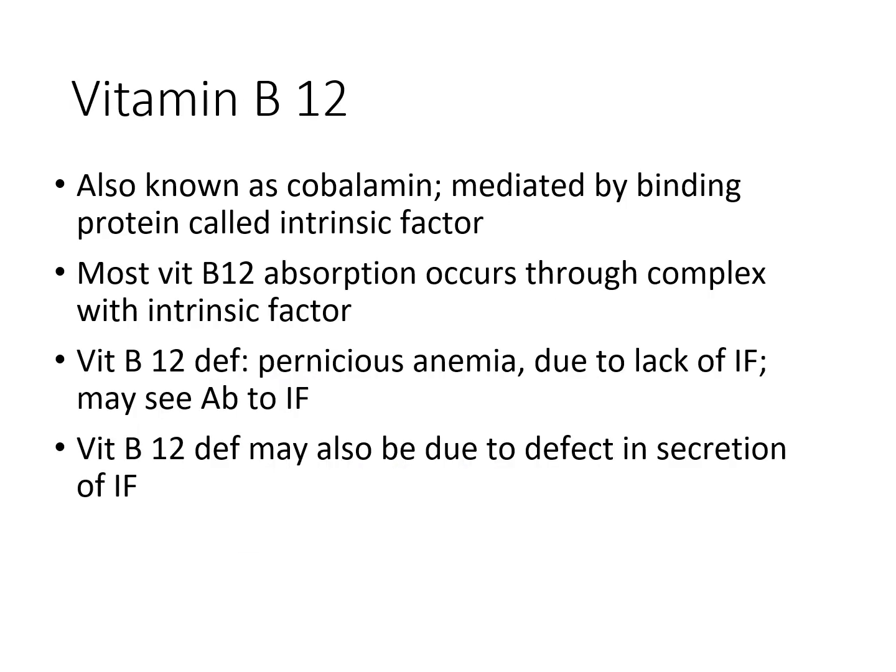Back to vitamin B12. Its absorption is mediated by a binding protein called intrinsic factor, or IF. Most vitamin B12 absorption occurs in the terminal ileum after binding to intrinsic factor, which is secreted by the parietal cells of the stomach. The vitamin B12 intrinsic factor complex is essential for efficient absorption.